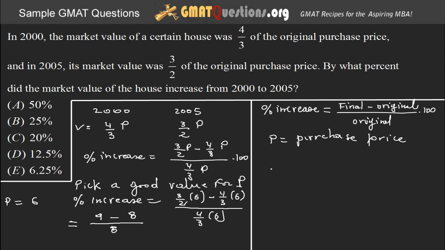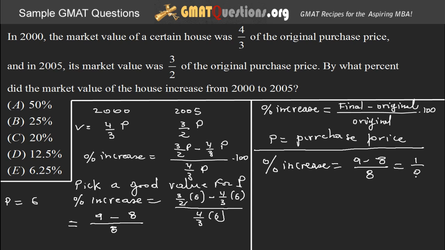So we're going to continue here on the right side. The percentage increase is, let me write down again, 9 minus 8 over 8, which is equal to 1 over 8. Now, I highly recommend you know your fractions.